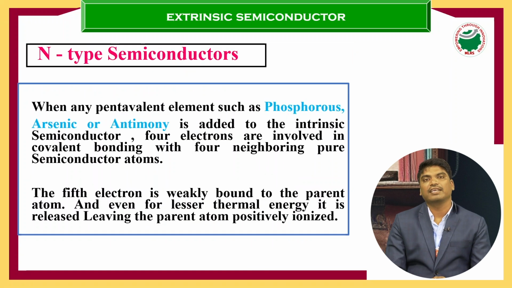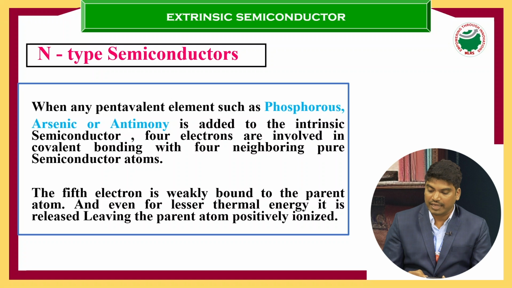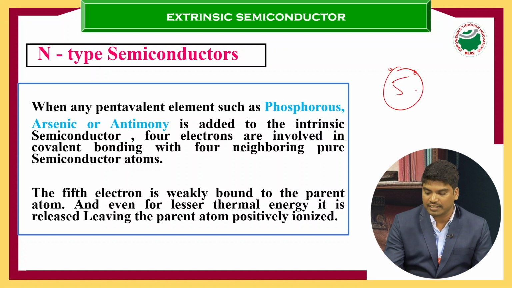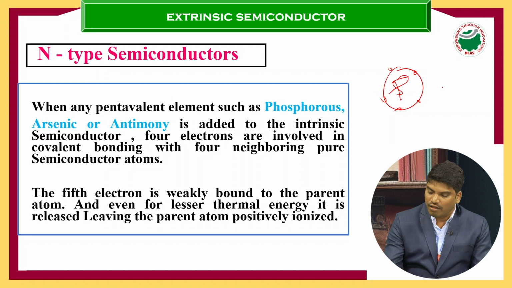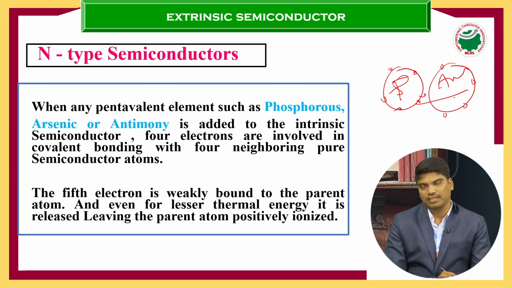Let us start with n-type semiconductors. By adding pentavalent elements, pentavalent is nothing but a material which has 5 valence electrons, either phosphorus or arsenic. These materials have 5 valence electrons in the outermost orbital.